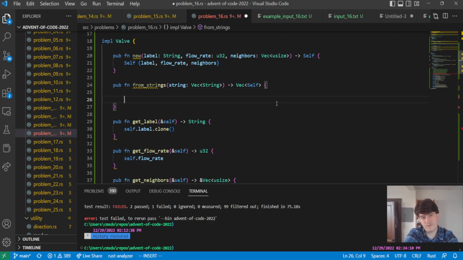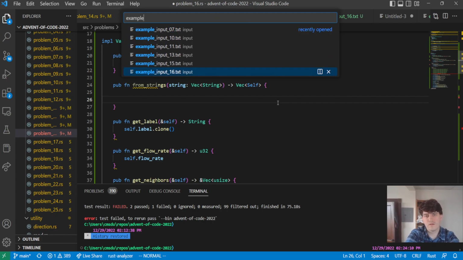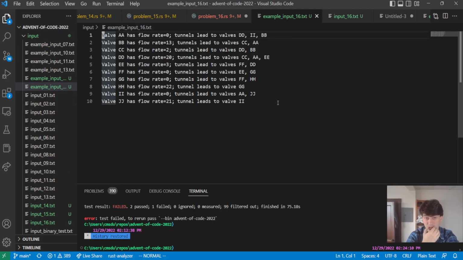And for this, do we want a parser? We don't really need one, right?